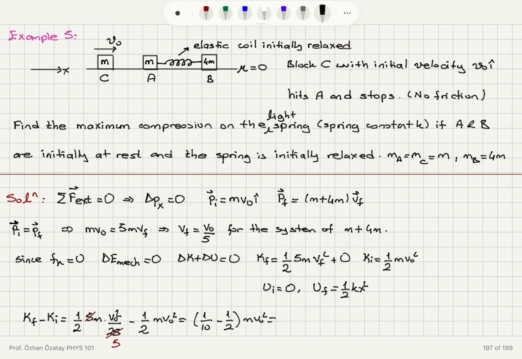So 1 over 10 minus 5 over 10 is minus 4 over 10, which is minus 2 over 5 m v0 squared for the change in kinetic energy, which is minus the change in potential energy, U initial minus U final, which is minus 1 over 2 kx squared. Okay, so we can basically calculate x from this equation.